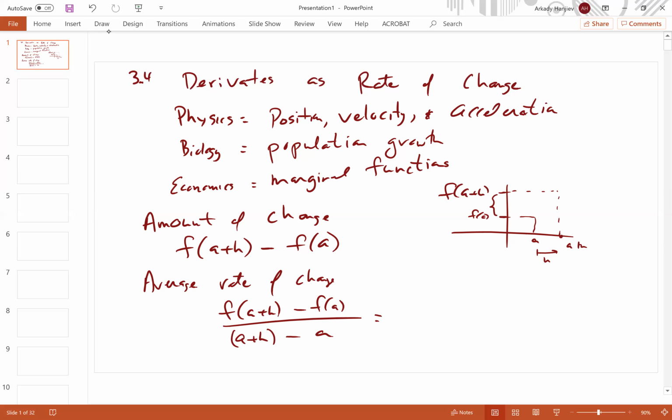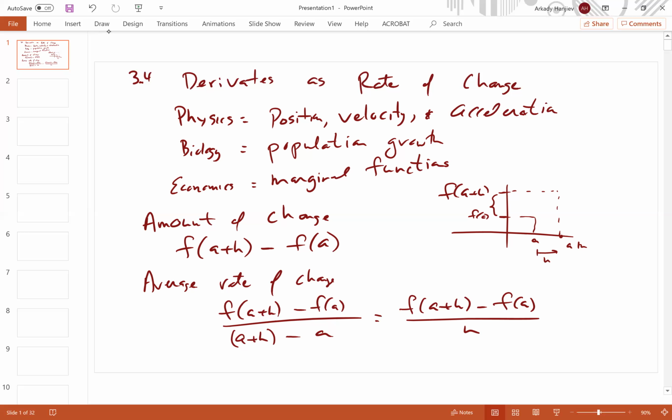So the simplified version would just be f of a plus h minus f of a, divided by h. Are we good there? So there's your average rate of change. It's the change that we had before divided by time. Cool. Okay, we good there? Is that the average rate of change? Everybody agreed?